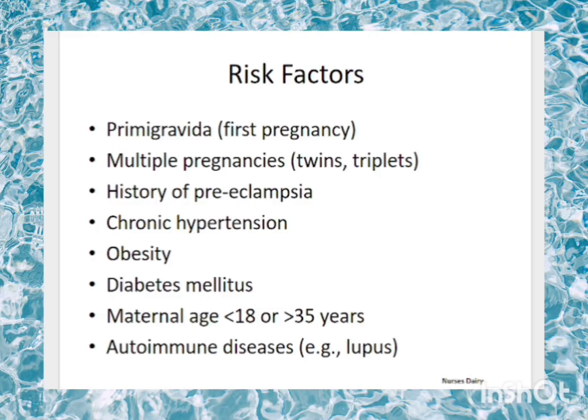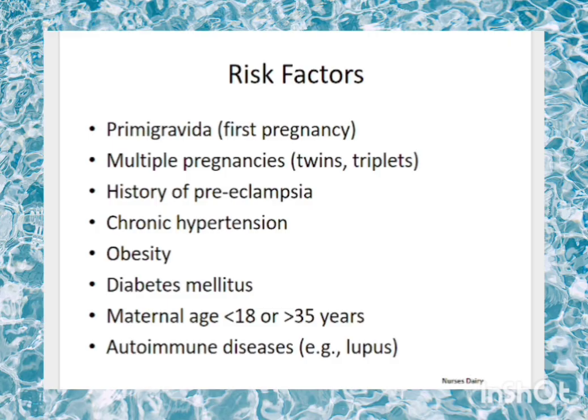Multiple pregnancies such as twins, triplets, quadruplets also stand a higher risk. And a history of a close relative who has had preeclampsia before means you also stand a chance to have preeclampsia.